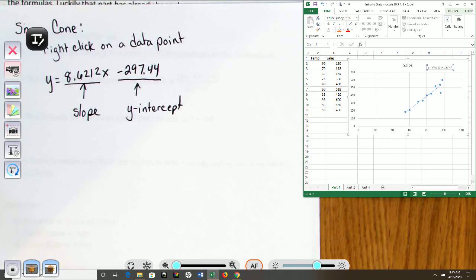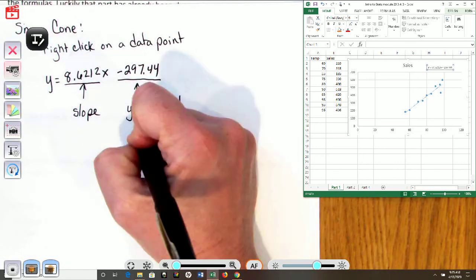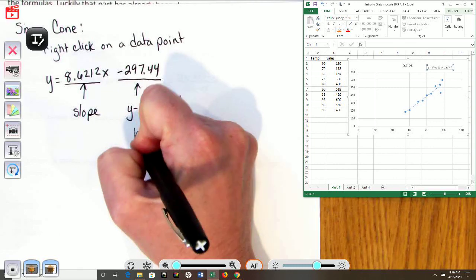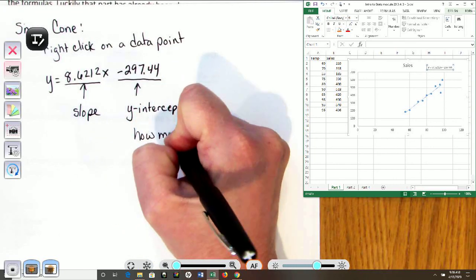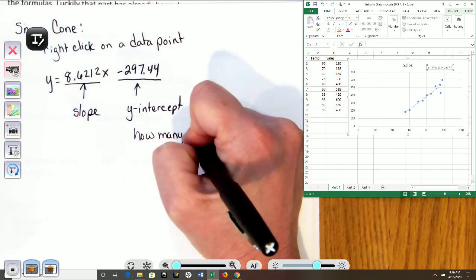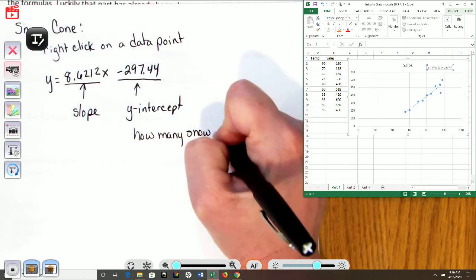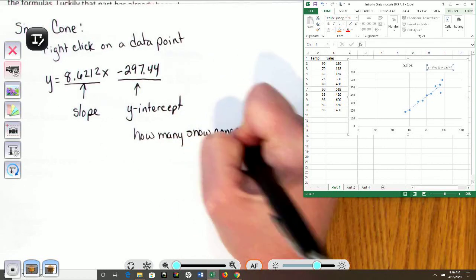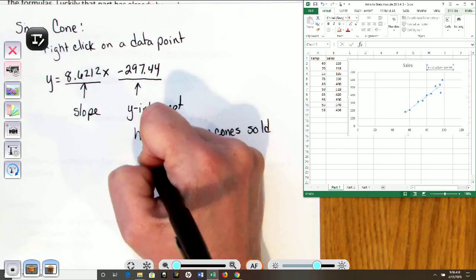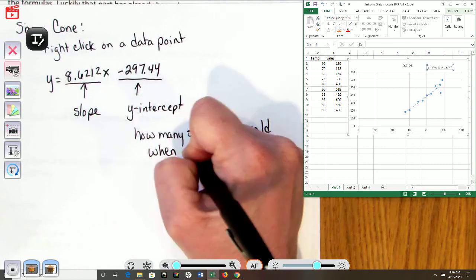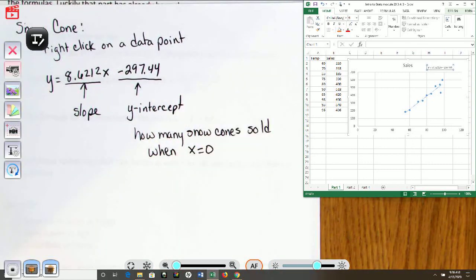If you look at the y-intercept, that's where the line would cross down here if it continued down. What that means is, for this data, how many snow cones, because y is our snow cones sold, when x is 0, or whatever your y value represents when your x value is 0.